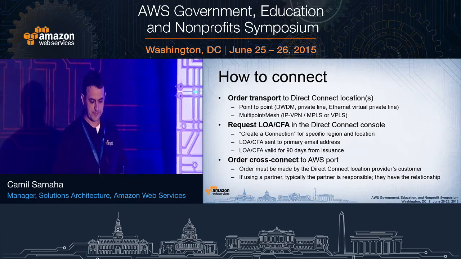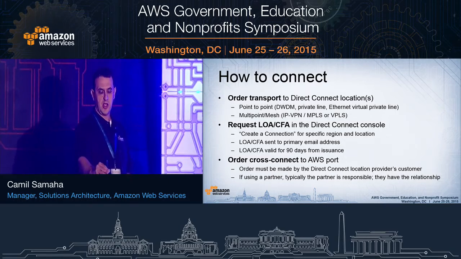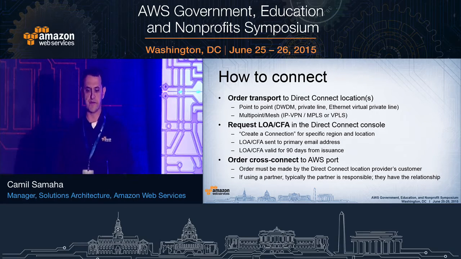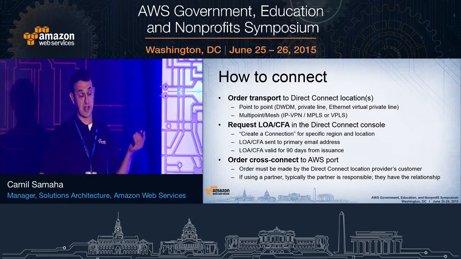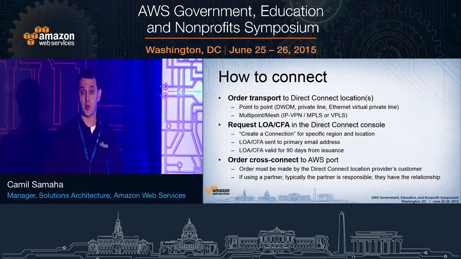Now, if you've worked in the telco world, you'll be very familiar with the term LOA CFA, which is also one step of the provisioning process. I'll get into more detail of what the LOA CFA means, and I'll actually show you an example of what one looks like, the piece of paper.